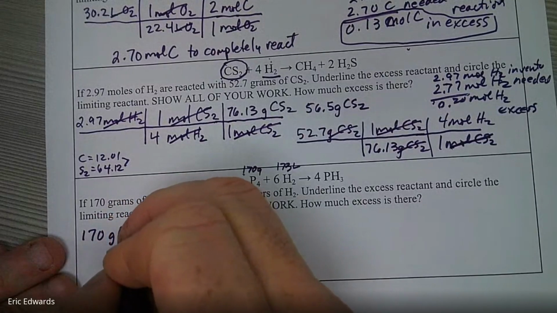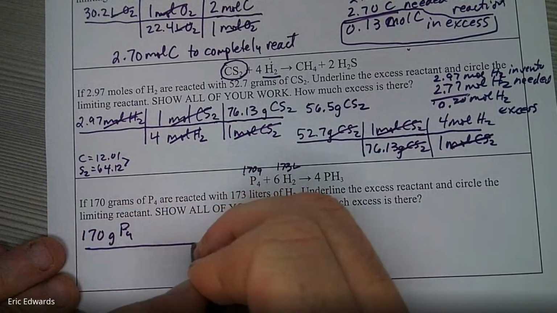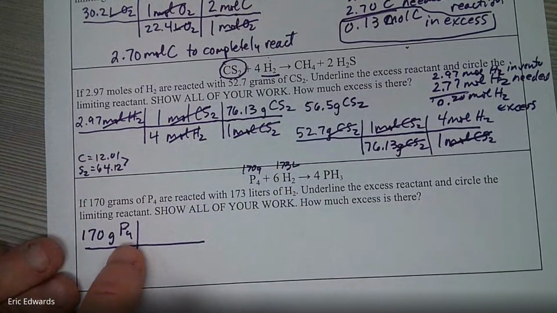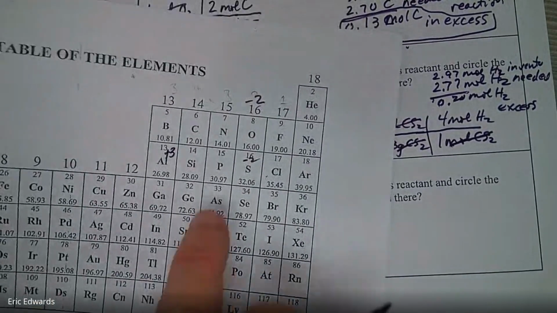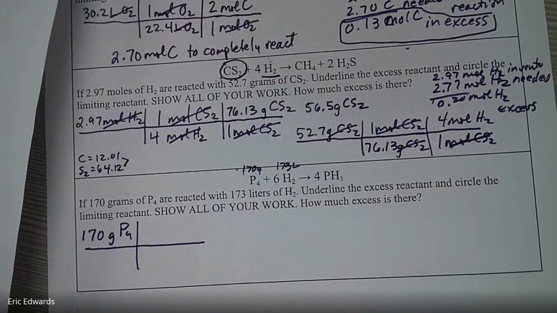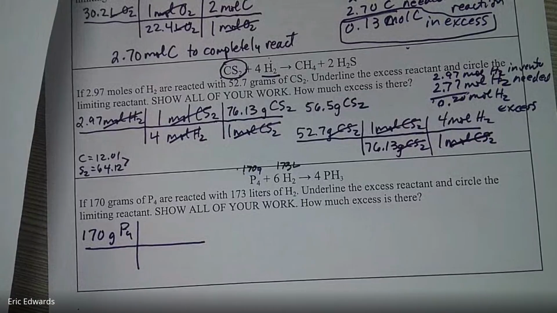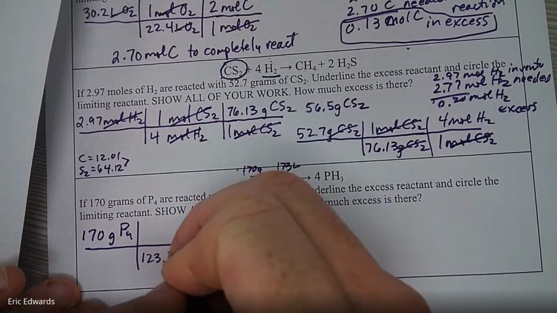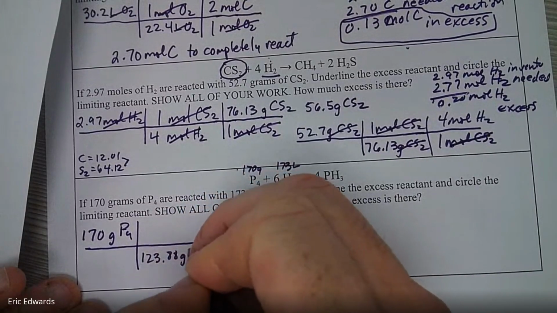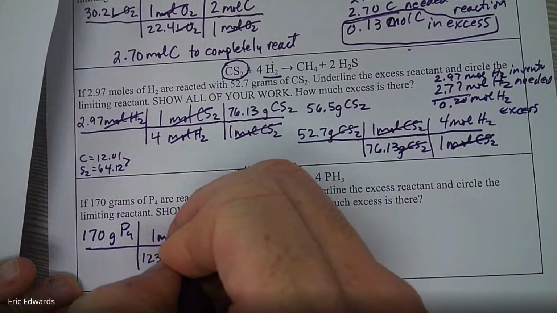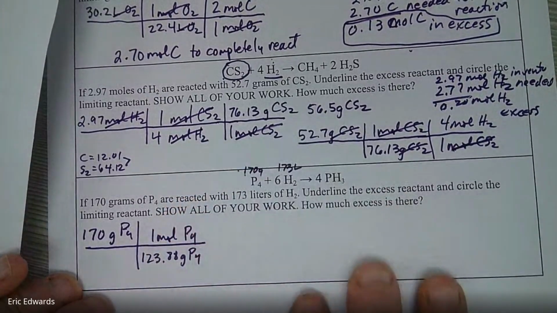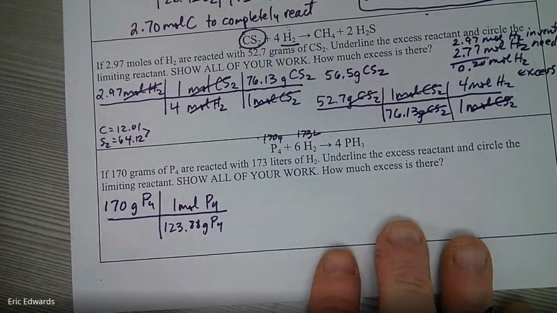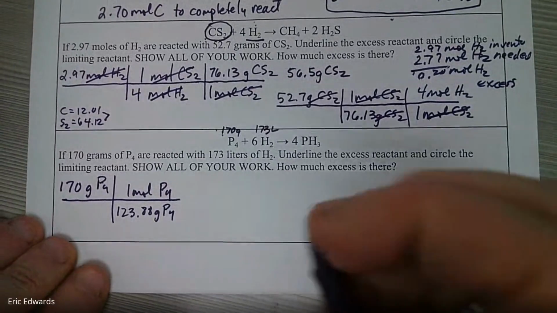170 grams P4. And I can just look this up. This one's not too bad because it's P, and P is 30.97 times 4, and that's going to give me 123.88 grams P4 is in 1 mole P4. Okay.